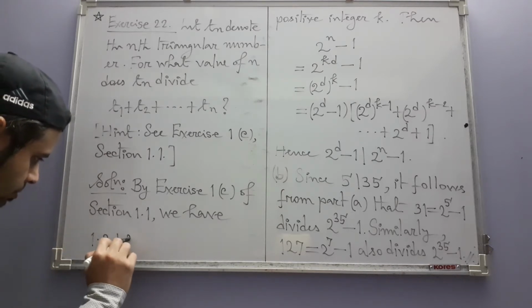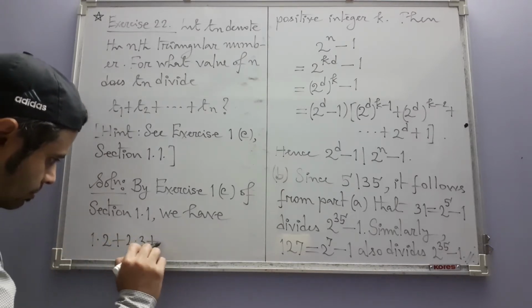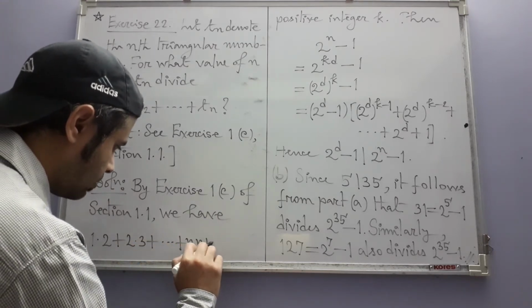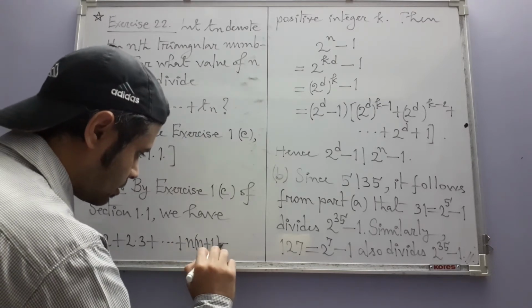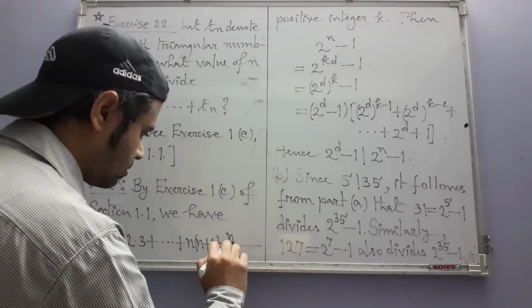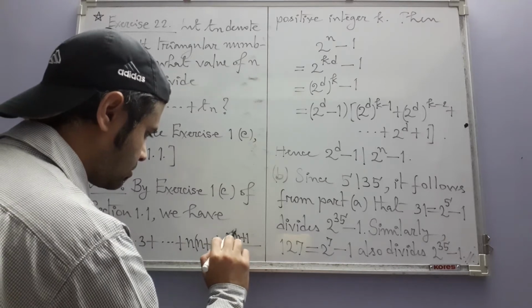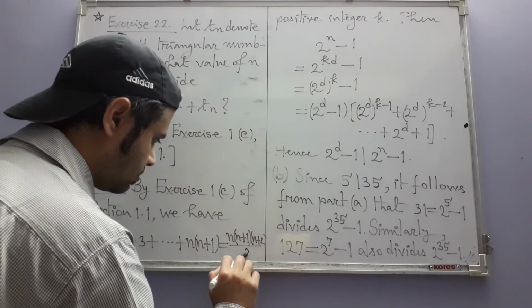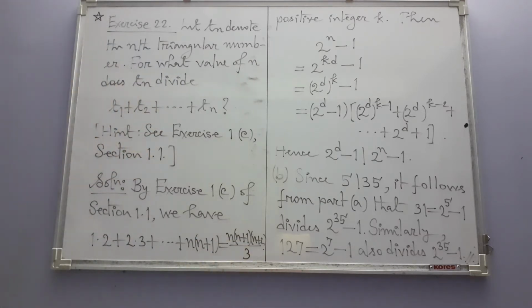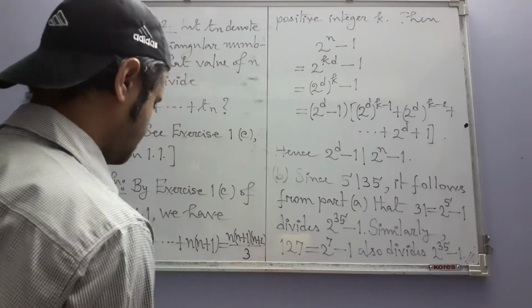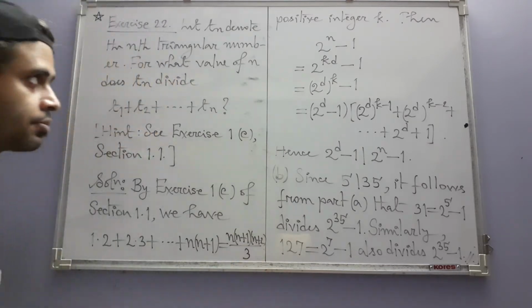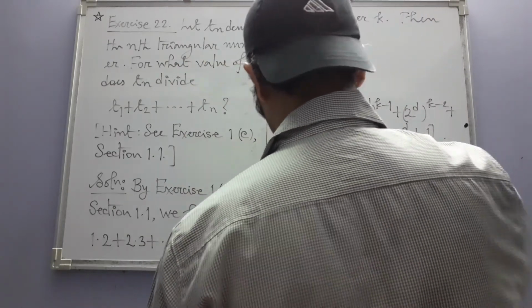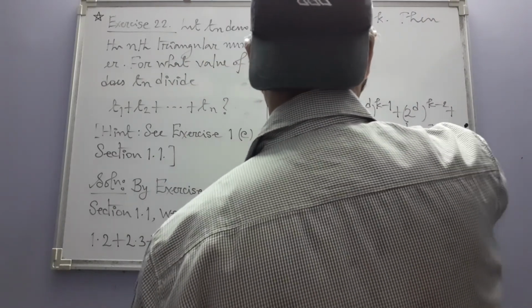1 times 2 plus 2 times 3 etc. plus n times n plus 1 is equal to n times n plus 1 times n plus 2 divided by 3, for all positive integers n.